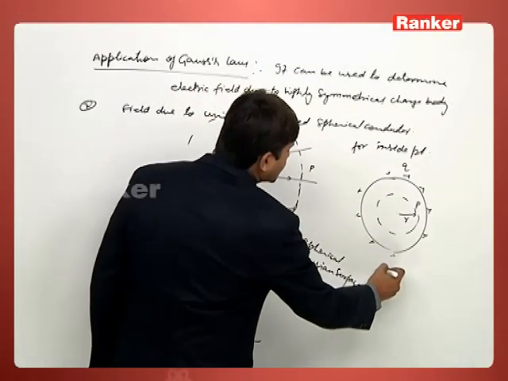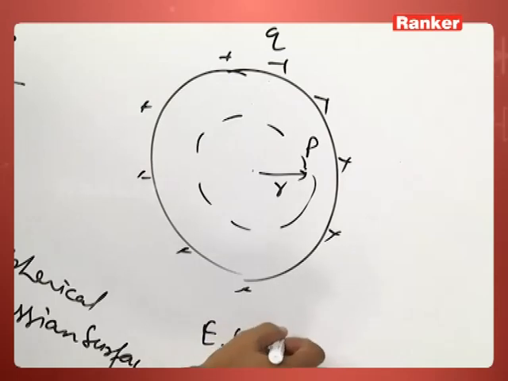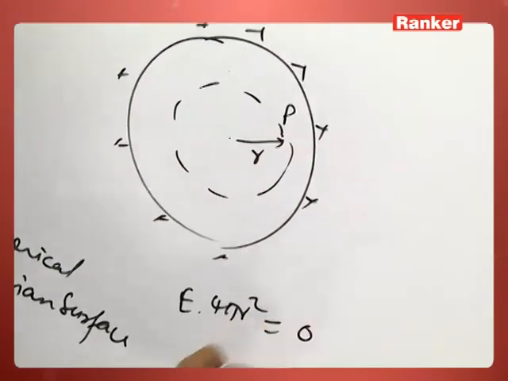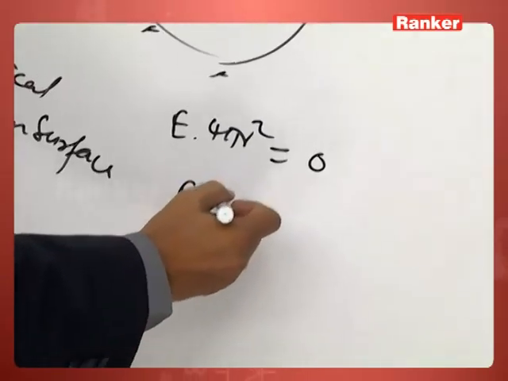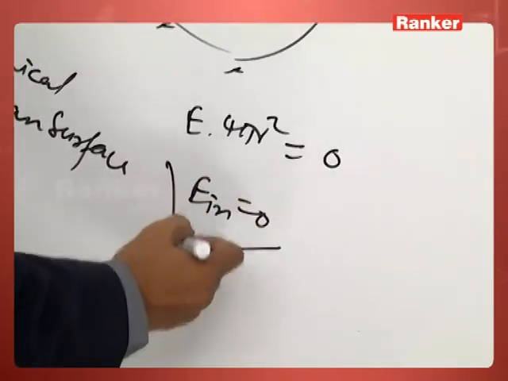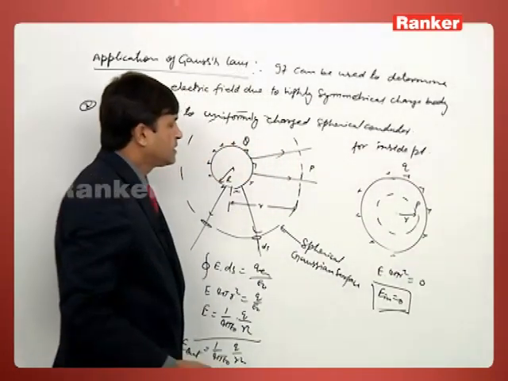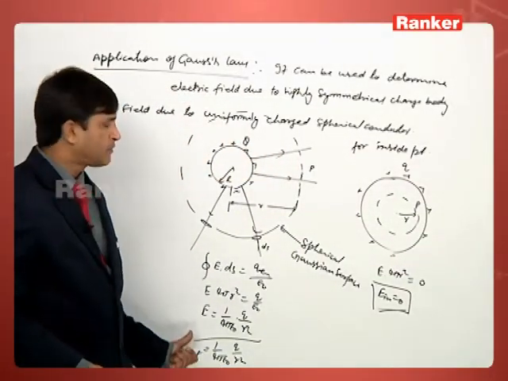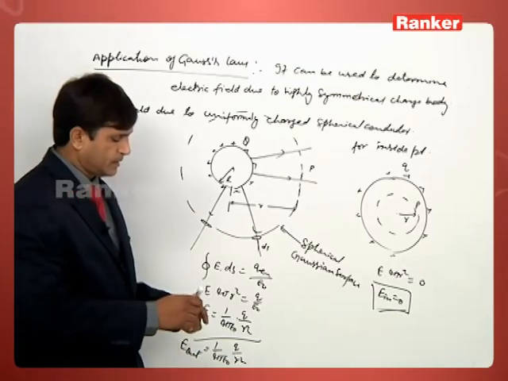So, we can write here E into 4 pi r square, but how much charge is enclosed by that surface? That is 0. So, E inside will be 0. Inside we get electric field 0, and outside is the same type of result as we found by using Coulomb's law.